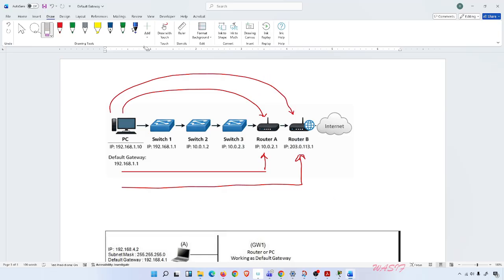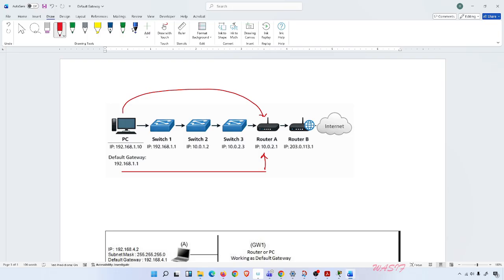So your default gateway cannot be here. He will send the packet to his own router. This is the first step. In the second step, the packet will reach from here to here, and then will go to the internet in the third step, okay? But the default gateway will never be this router for this PC.